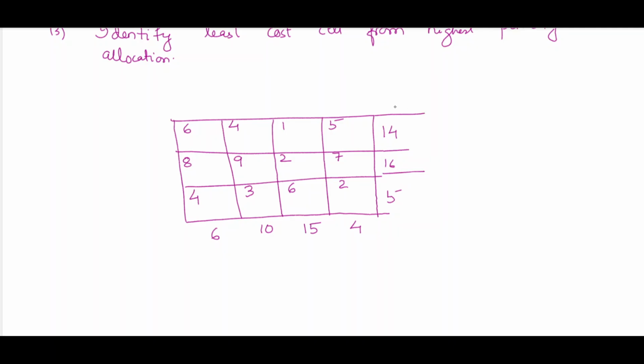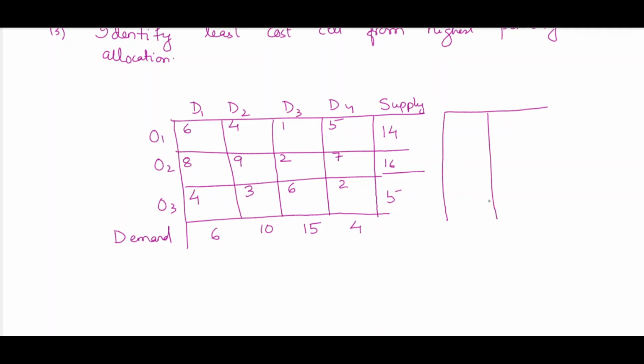This is supply. This is D1, D2, D3, D4. Here it is O1, O2, O3, and here it is the demand. Okay, now we have to calculate the penalty.